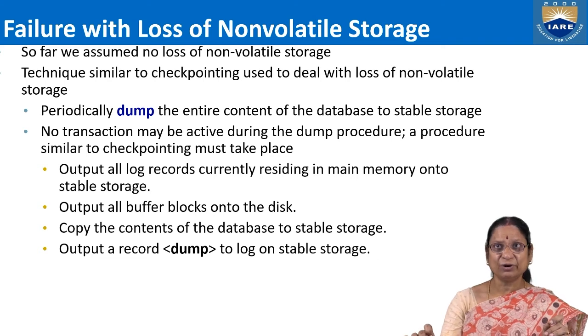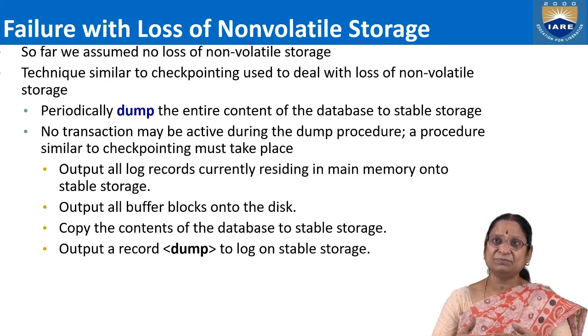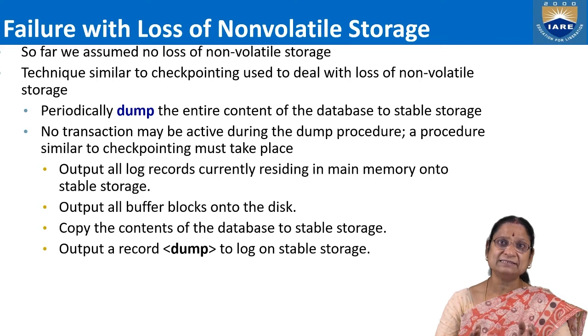So to recover the data from non-volatile storage, the dump is considered. How is the dump process done? Periodically a dump of the entire content of the database is done. During this process of dumping, that is taking a backup, no transactions are allowed.